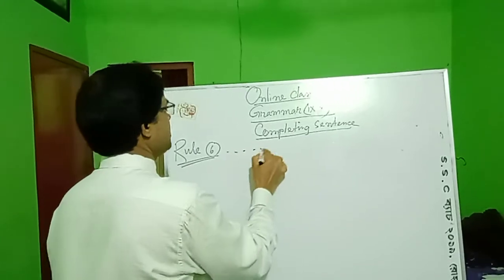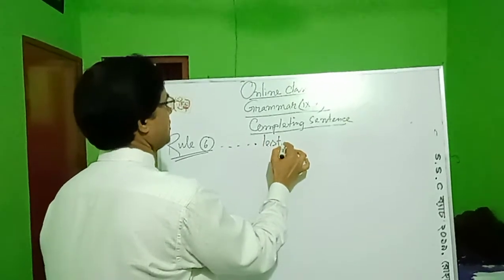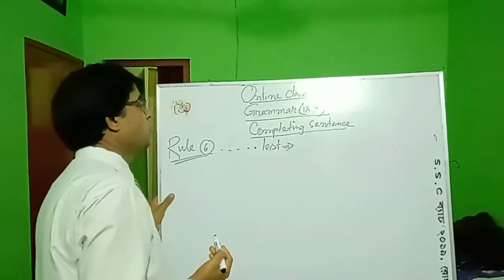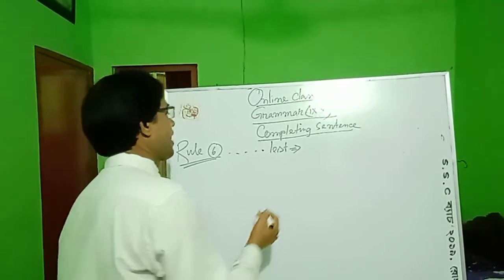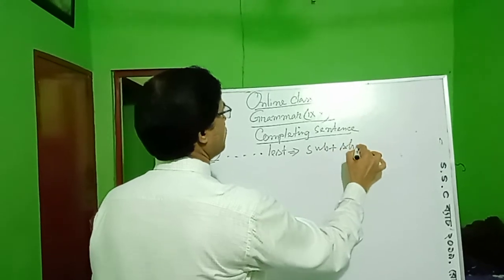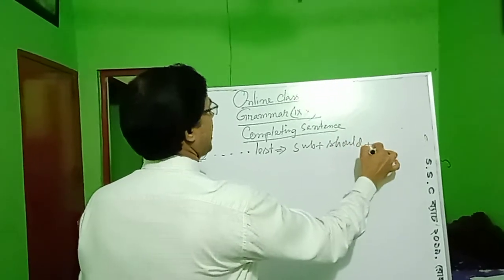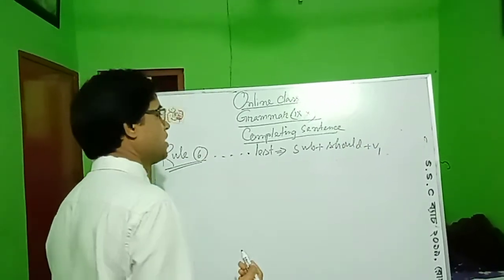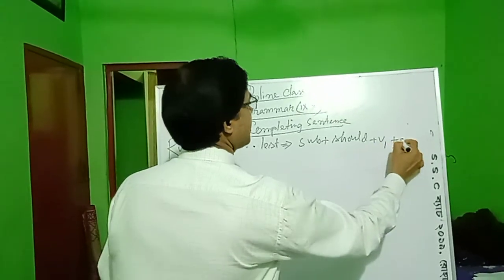If there is "lest" in the sentence, we will complete the sentence according to this structure. That means we will use subject, then we will use should, and then we will use V1 and then extension.